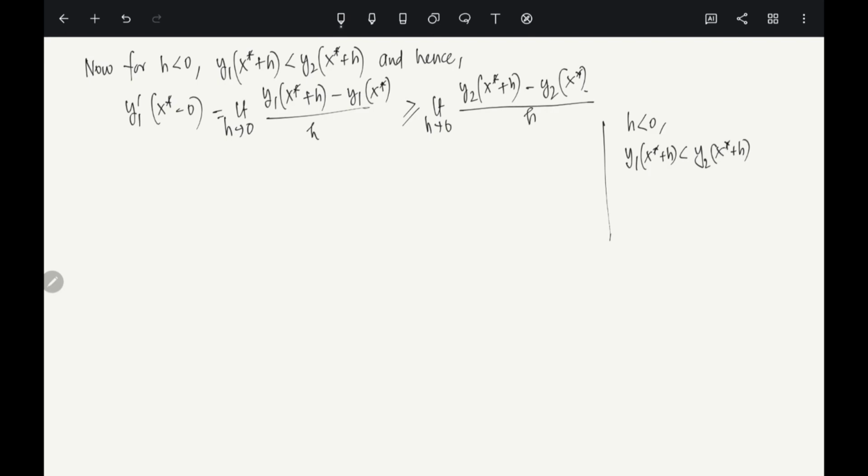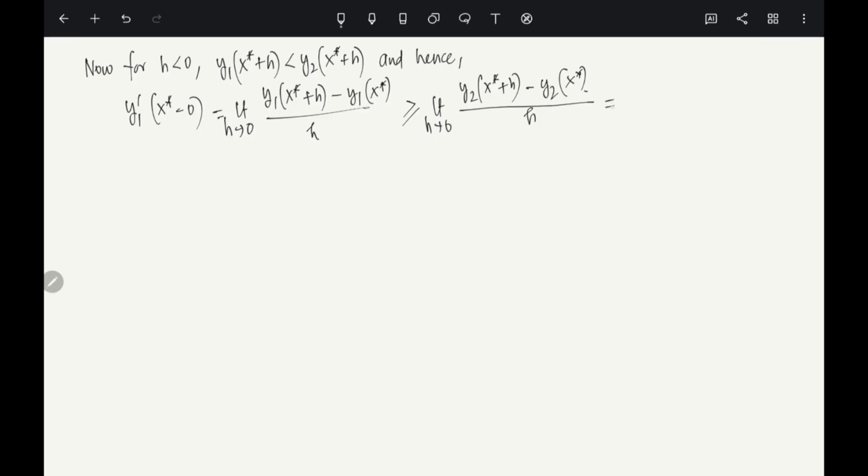And since y1 and y2 are the same at x star, y1 of x star plus h minus y1 of x star is dominated by y2 of x star plus h minus y2 of x star. Then I divide by h, but this h is negative, so the sign changes, and that is why this is greater than or equal to. And why equal to? Because I am taking the limit as h tends to 0.